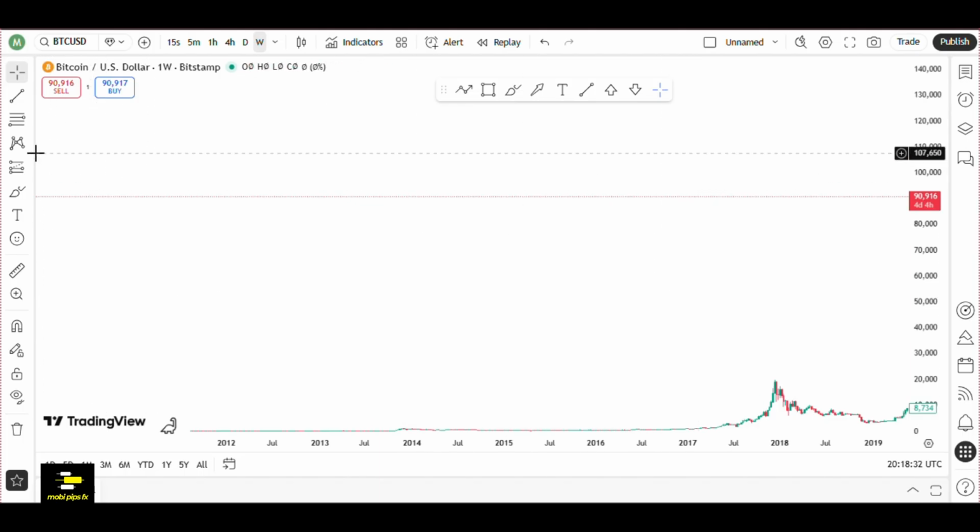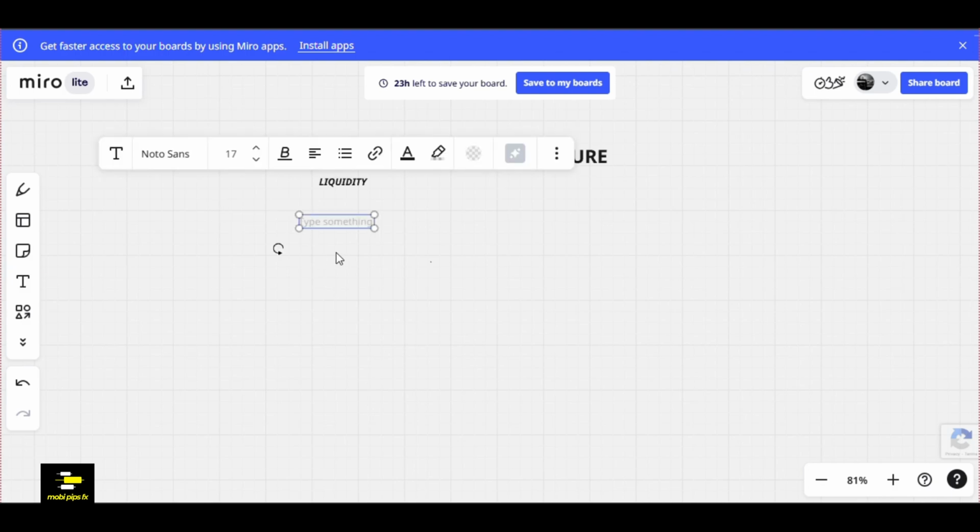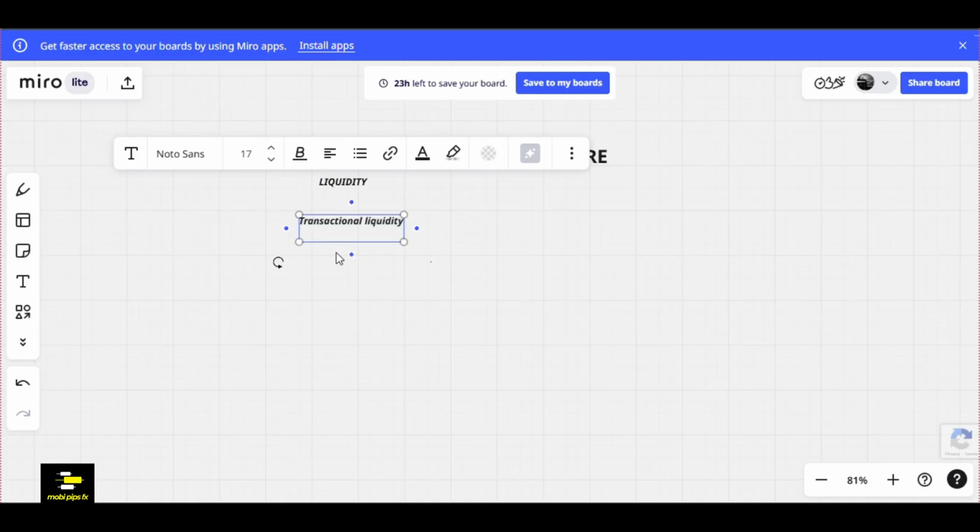First of all, there are three types of liquidity. Let's get it in place. There is, first of all, transactional liquidity. There is structural liquidity.